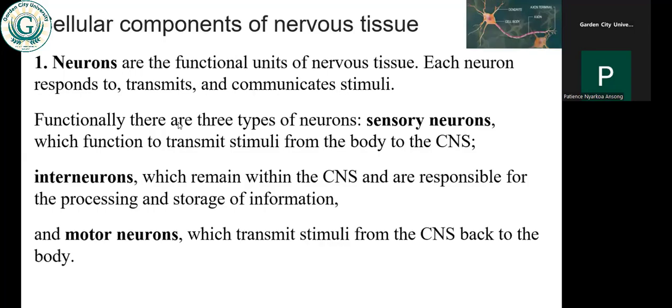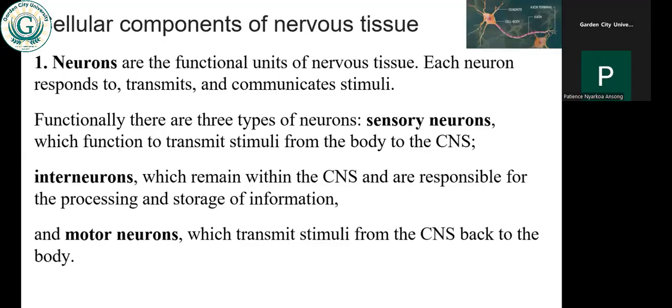So the neurons are the functional unit of the nervous system. When we say functional unit, that's where the activity of the entire nervous system begins from. So that's the cell that is responsible for the functional aspect of the nervous system.